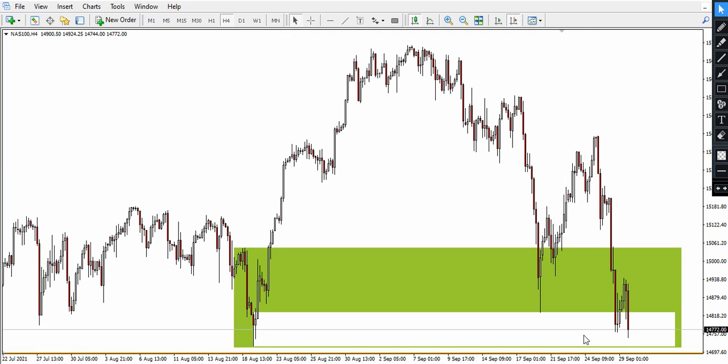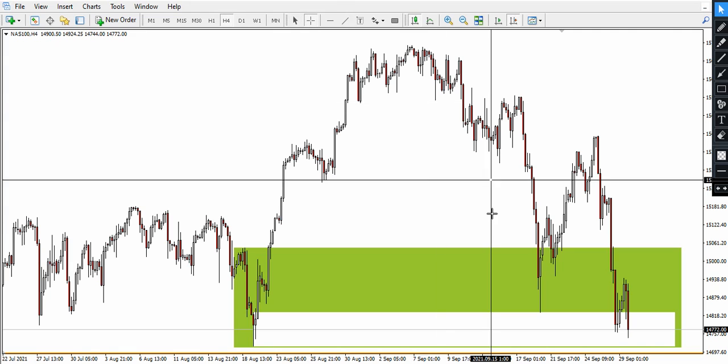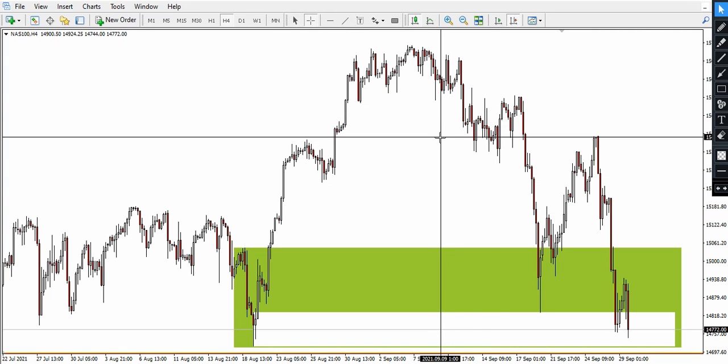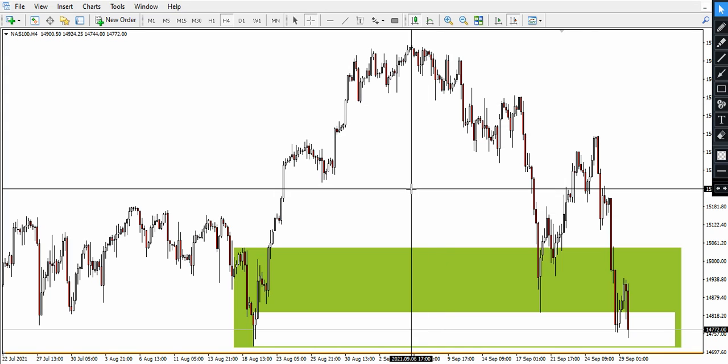Again, we see price coming all the way up here, and then why do we have price reject here?